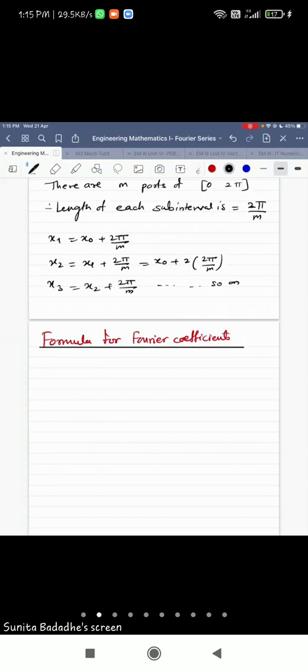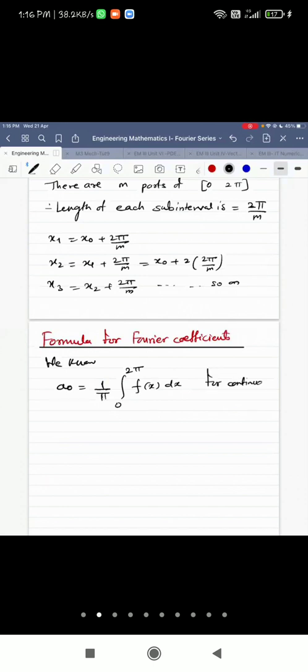Now we know that a naught is 1 by L, but now you know that L is pi, then the integral from 0 to 2 pi, the complete length of the interval, of f(x) dx. This is the formula for a naught, for a continuous function. We can integrate the continuous function.